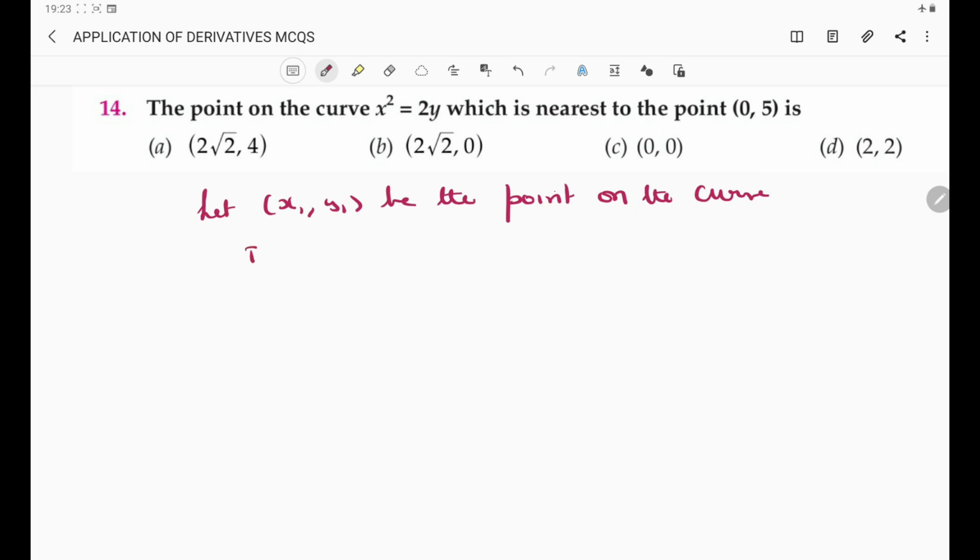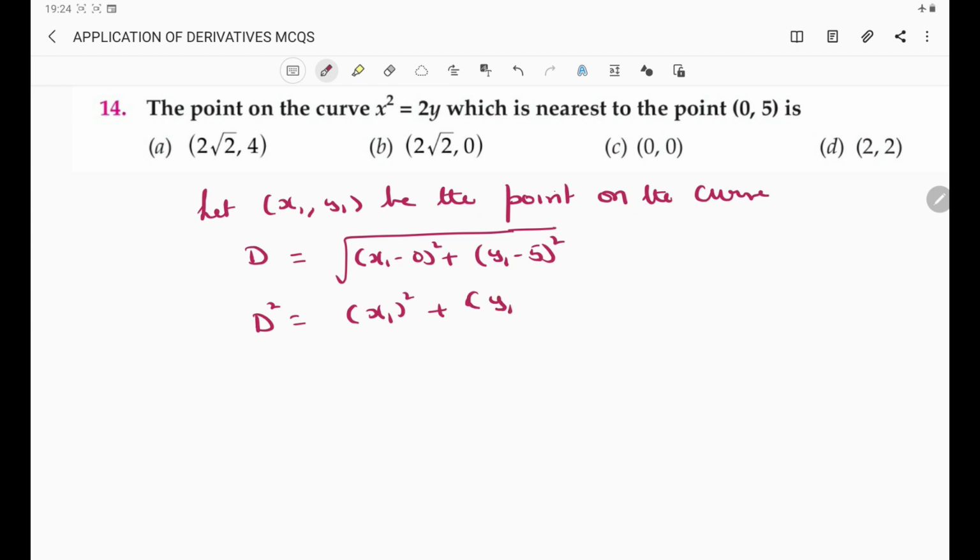Let d be the distance between the 2 points. So d is equal to square root of (x1 minus 0) whole square plus (y1 minus 5) whole square, using the distance formula. On squaring both sides we get d square equal to x1 square plus (y1 minus 5) whole square.